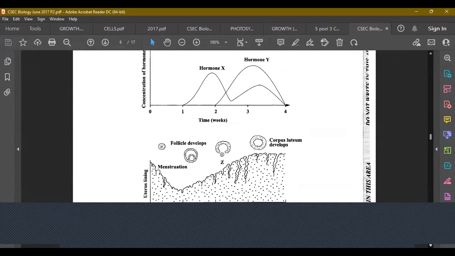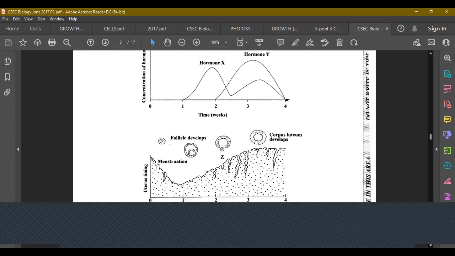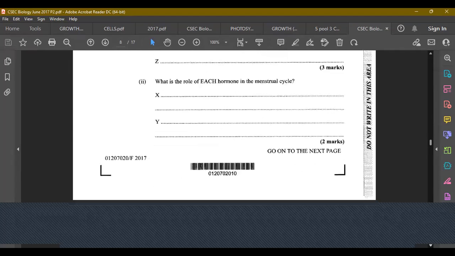Helps to develop the uterus lining, or help to grow the uterus lining. Very good. And progesterone? Helps to maintain the uterus lining, the endometrium. Very good. So the estrogen helps to build up the uterus lining while the progesterone helps to maintain it.